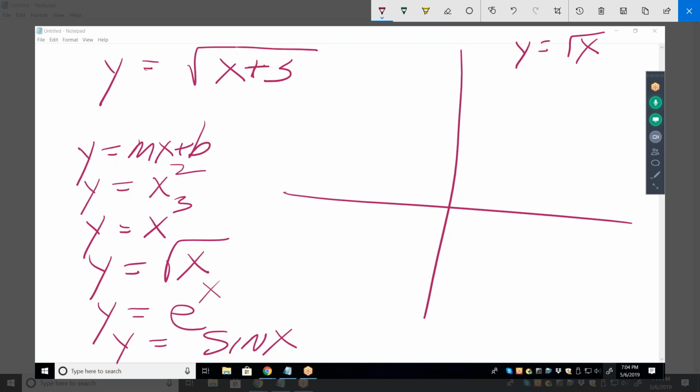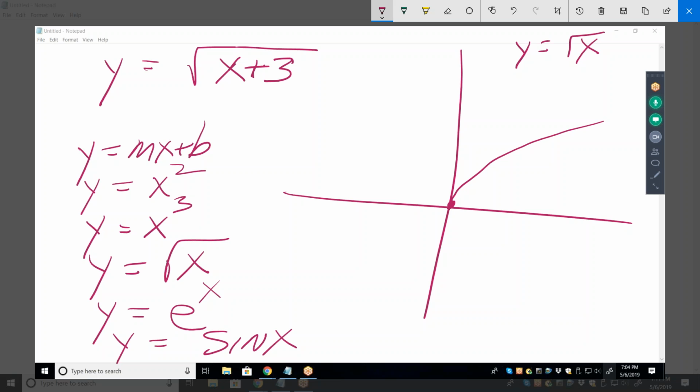Usually the elementary function is fairly apparent, but you have to know your elementary functions. So I start off by graphing that. The domain of x is all positive numbers. The range of y is all positive numbers and 0. So it kind of looks like that. y can never be negative and x can never be negative.